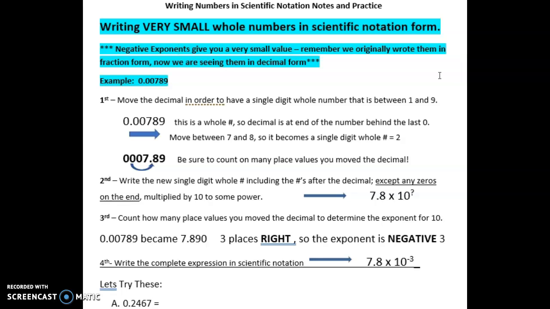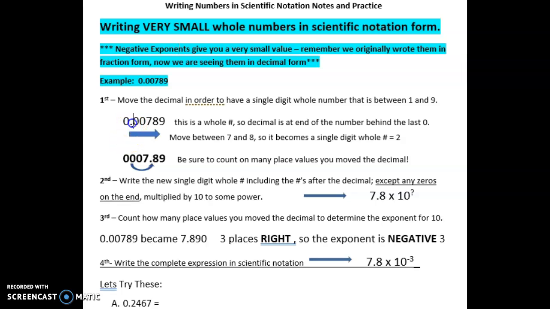So here we have the number 0.00789. In order to write this number in scientific notation, we need to move the decimal in order for it to become a single-digit whole number in between the numbers 1 and 9. So we're going to move the decimal places to the right.